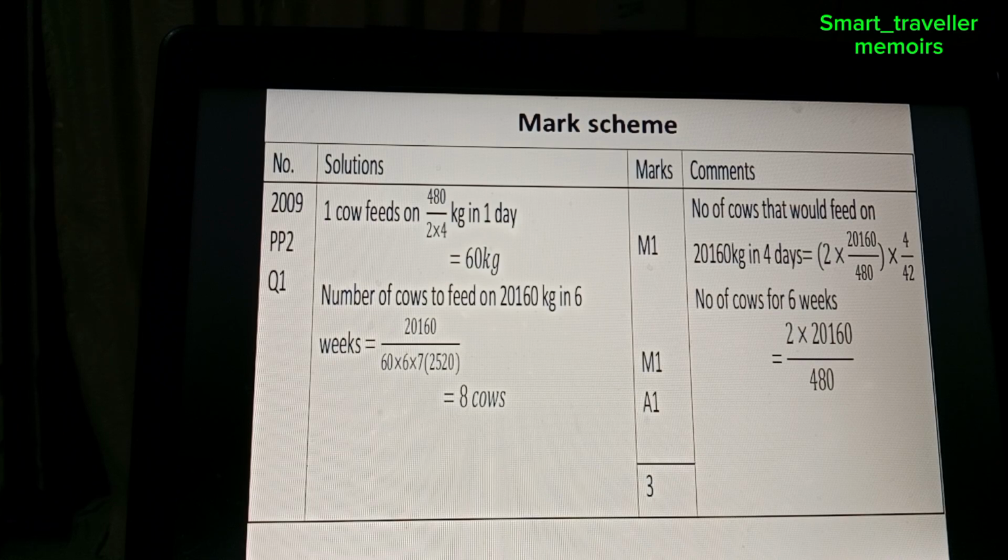So the number of cows to feed on 20,160 kg in 6 weeks will be 20,160 divided by 60 times 6 times 7.